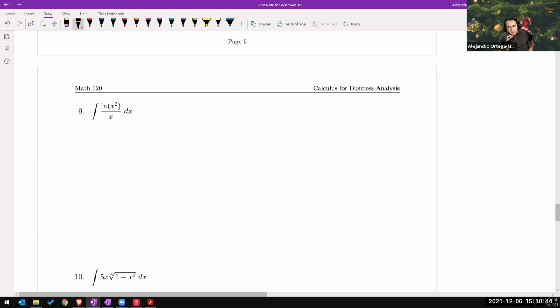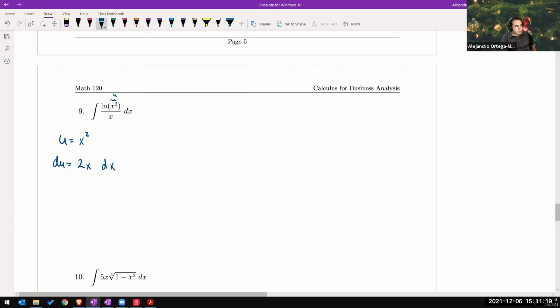So if you were to take a look at this one, what do you think might be a good choice for u? I'm thinking the x squared, for example, kind of looks like it, right? Because the x squared is inside. So let's see. If the u is x squared, then the du is 2x, which might show a little bit of promise because there's an x here, but it's an x in the denominator. So I'm not sure if this one's going to work.